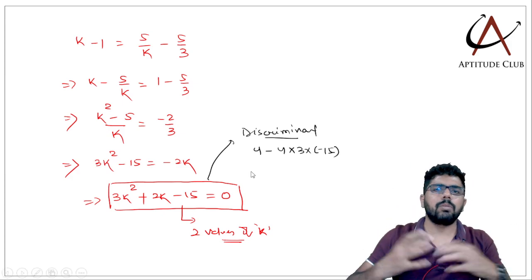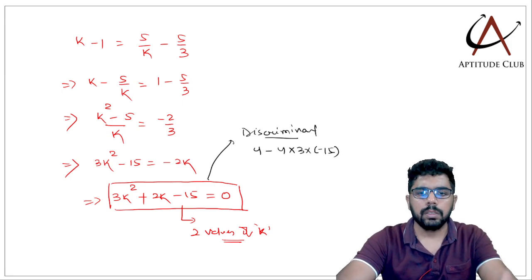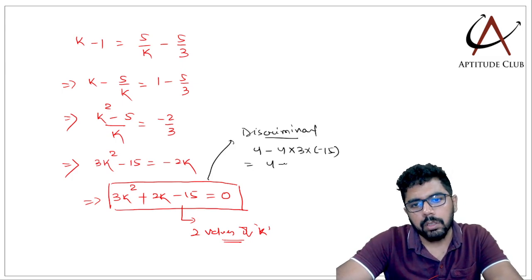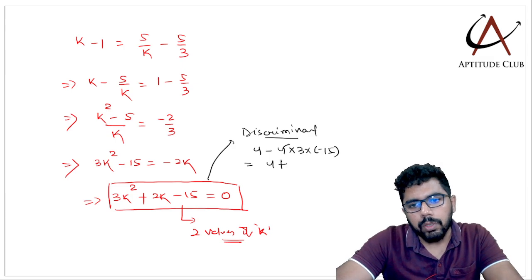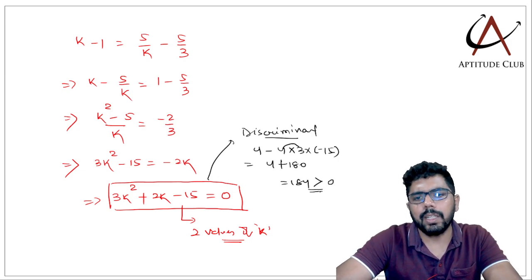In any quadratic equation you should have solved, you see a, b is positive and c is negative, most likely the discriminant is going to be positive, because minus minus will be plus. 4 into 3, 12 into 15 is 180. So I get 184, which is greater than 0. So I'll get real roots.